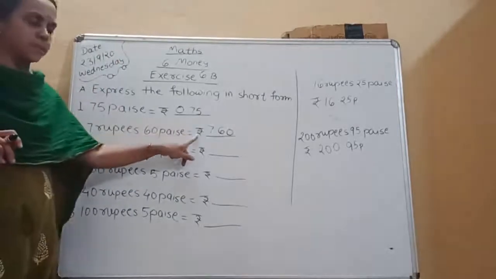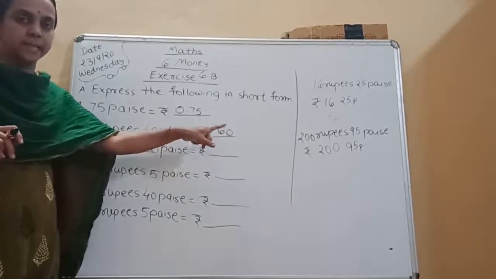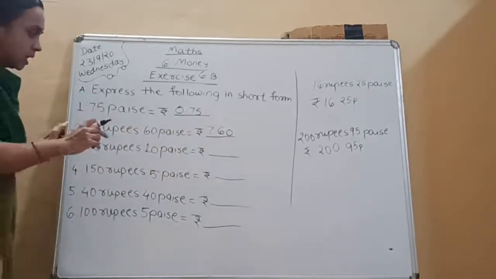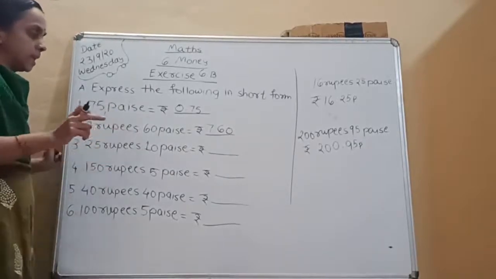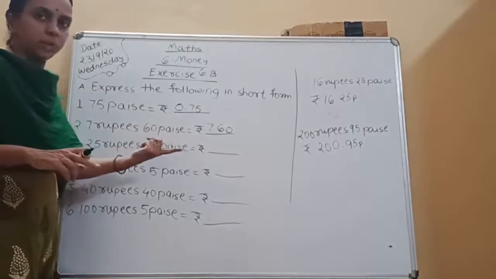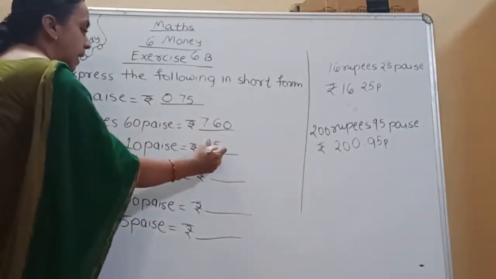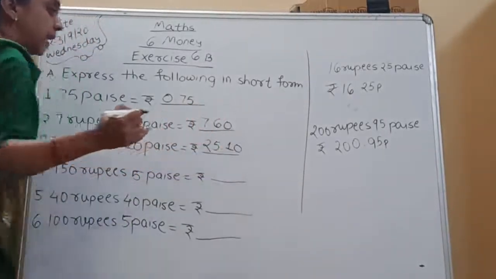The meaning of this is rupees 7.60 paise. So no need to write paise here. Okay. What is the third example? 25 rupees 10 paise. The rupees sign is already in your textbook. So just write down 25, put a small dot and 10.